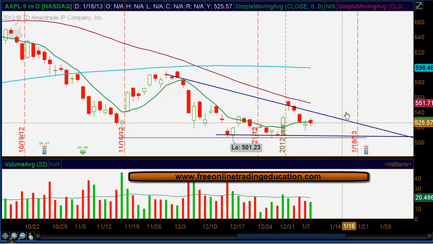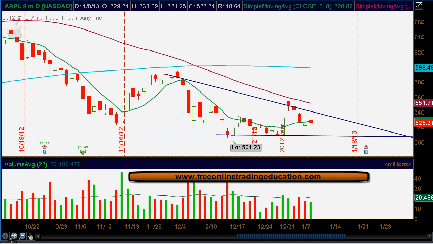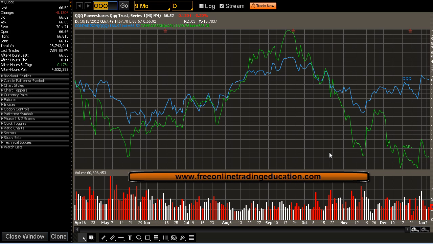All right, yeah. And then the other chart here I wanted to share with you is a little comparison of both. The Q's chart is a line chart here, as you can see in blue. That's the Q's. And also an Apple chart, a line chart here of Apple in green.